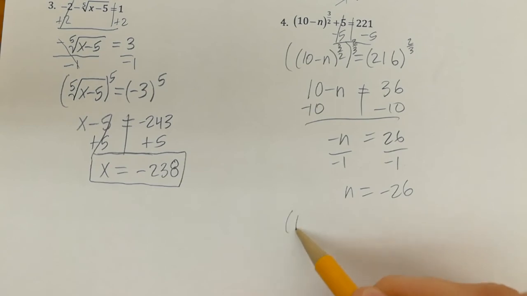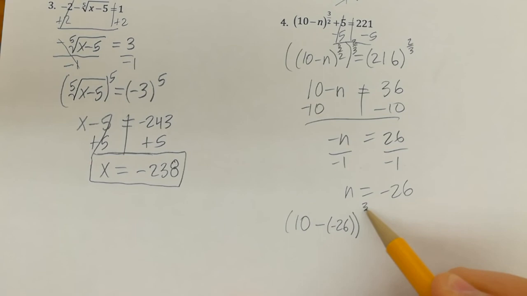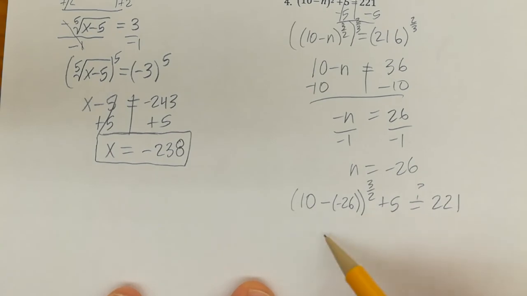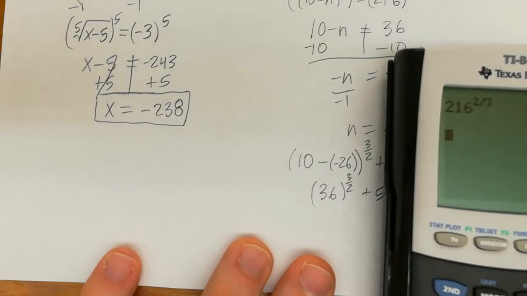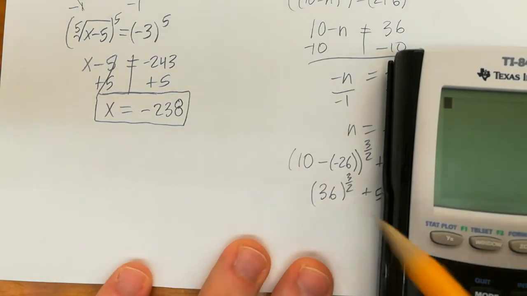We're going to do 10 minus a negative 26 to the 3/2 power plus 5. Does that equal 221? So this is going to come out to 36. And then again, I'll let the calculator handle this for me here.